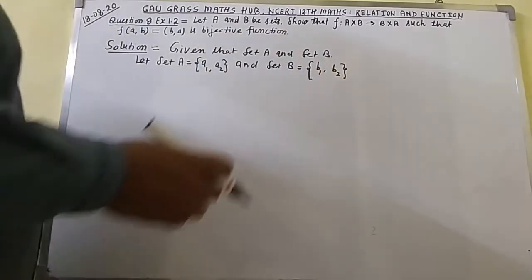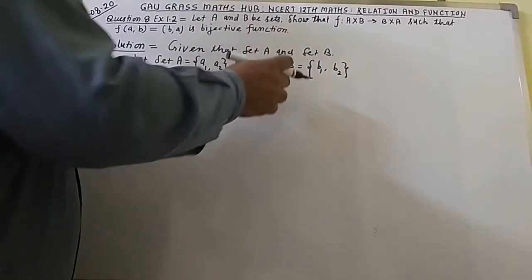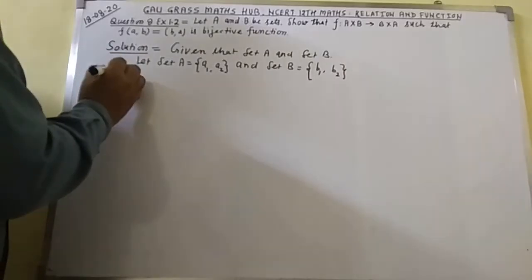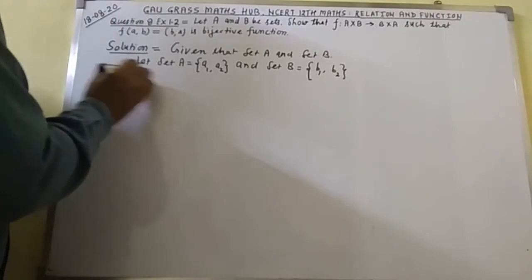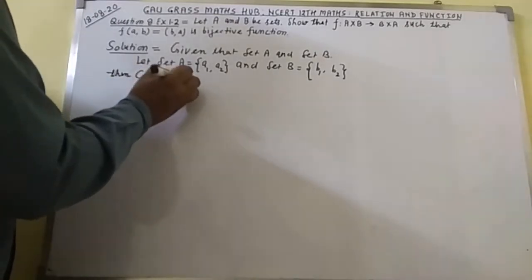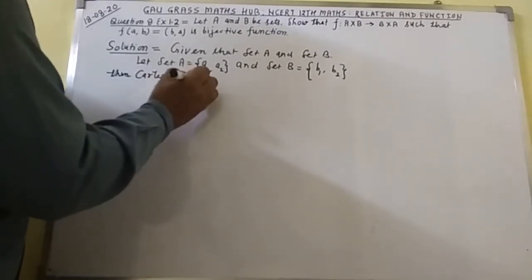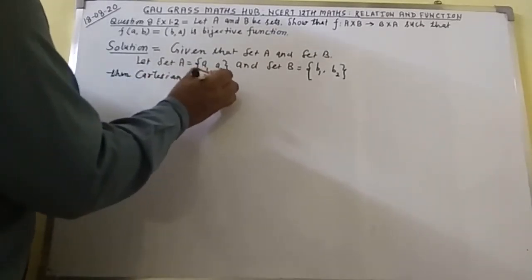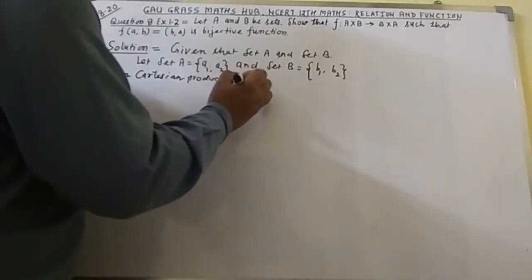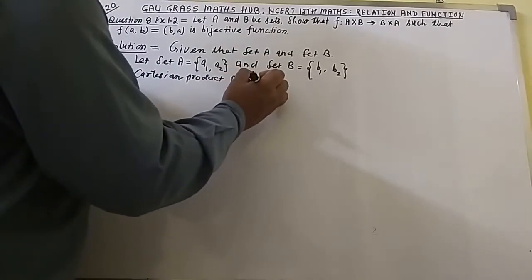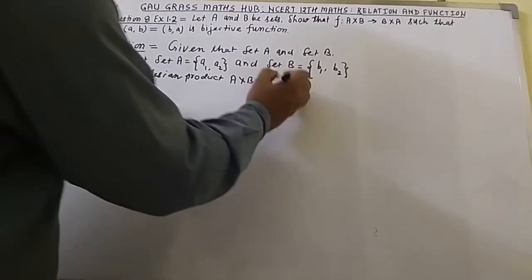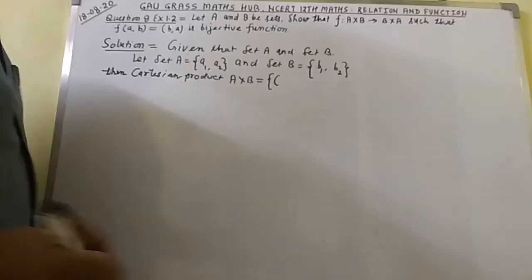This means that B1 and B2 belong to set B. Then the Cartesian product A cross B comes out to be, open curly bracket, now write the ordered pairs.